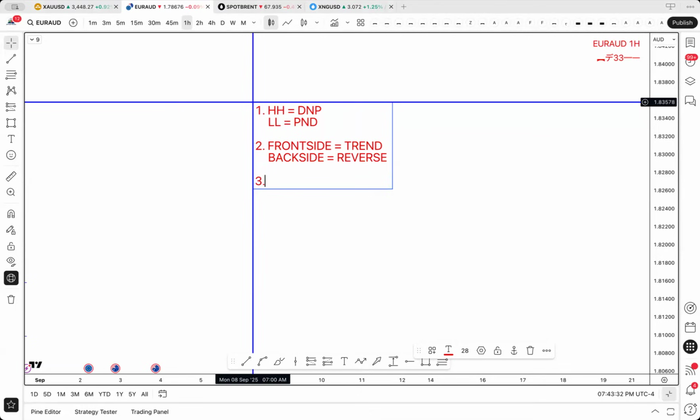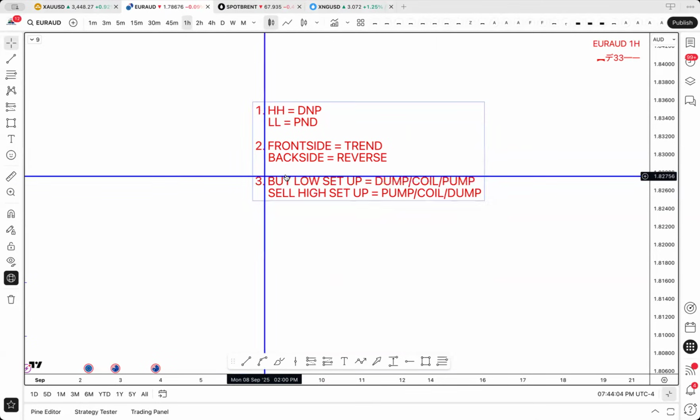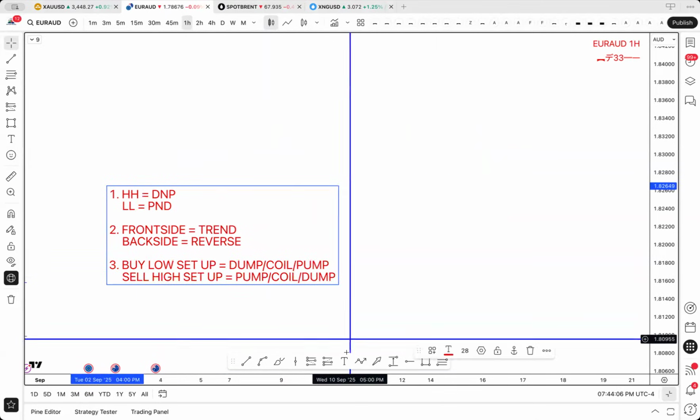Rule number three, the buy low setup is a dump, coil, pump. The sell high setup is a pump, coil, dump. These are my only three rules.